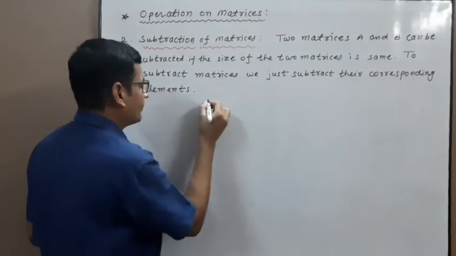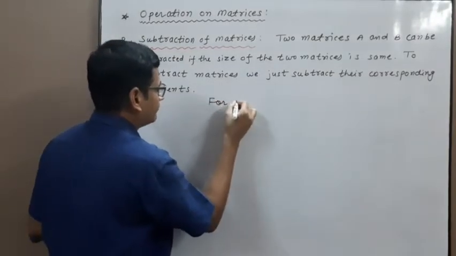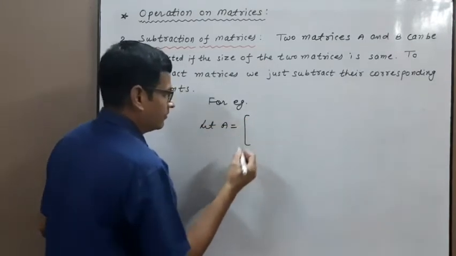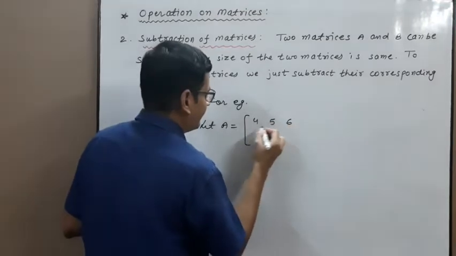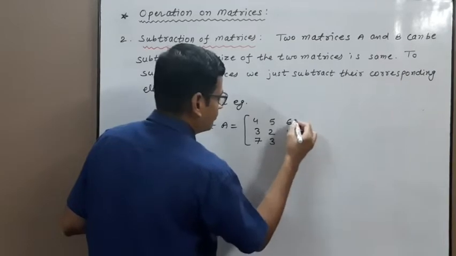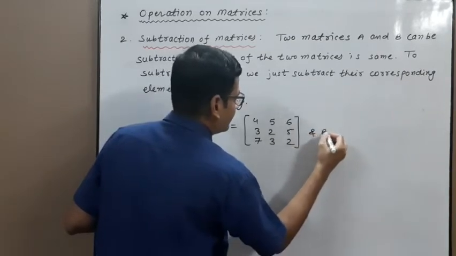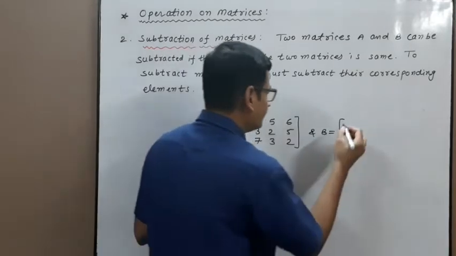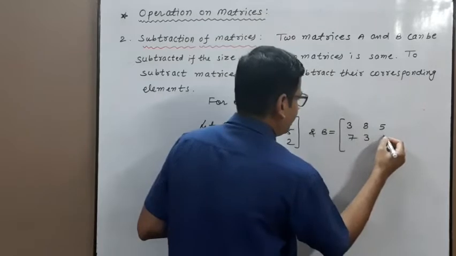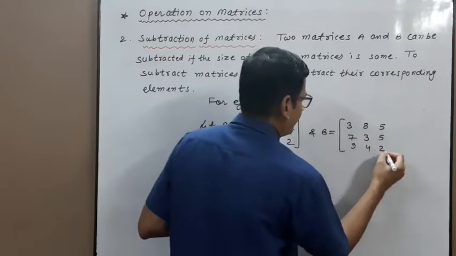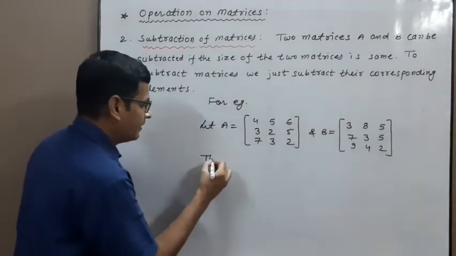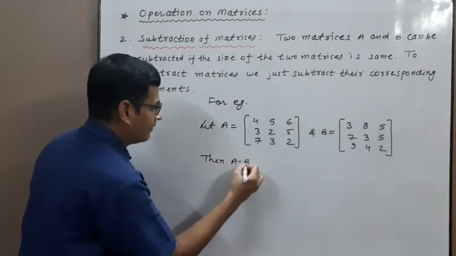For example, let A is equal to 4, 5, 6, 3, 2, 5, 7, 3, 2, and B is equal to 3, 8, 5, 7, 3, 5, 9, 4, 2. Then A minus B is equal to.